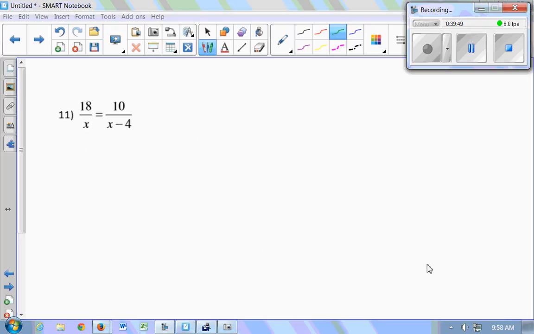Okay, so this is a rational equation. This one is particularly easy because I could just cross multiply. But when you can't do that, a better thing to do is to multiply both sides by the common denominator. So first, I would figure out what my common denominator is, which you would do by imagining that you had to add all those fractions together. You want them to all have the same denominator.